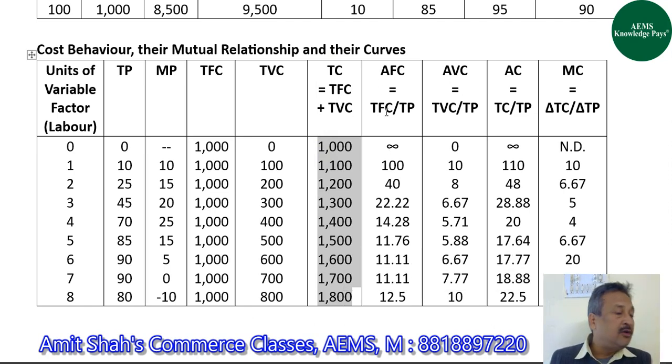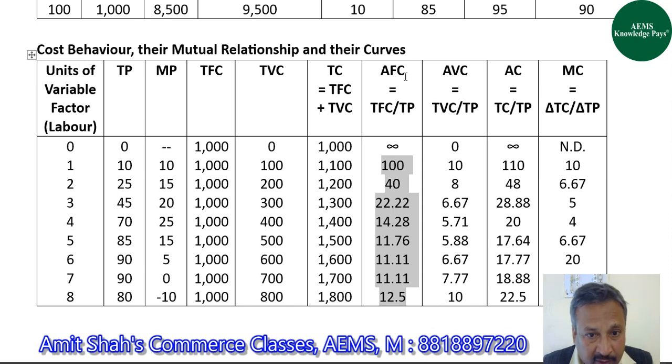AFC, you know how we calculate: TFC divided by TP. Here initially it would be infinity. Why? Because TFC here is 1,000 but TP is 0. When any number is divided by 0, it gives us infinity, right? And then accordingly I have calculated this. You know that AFC has a downward trend with an increase in TP. TP was increasing till here, and that is why AFC was decreasing till here.